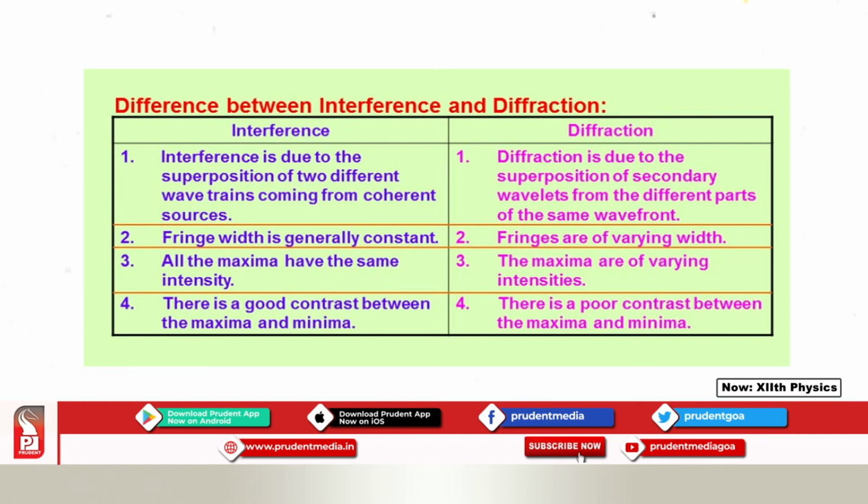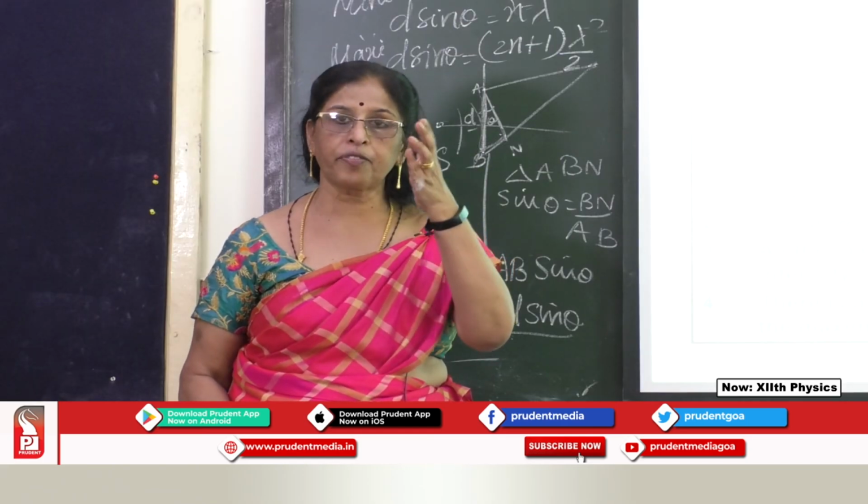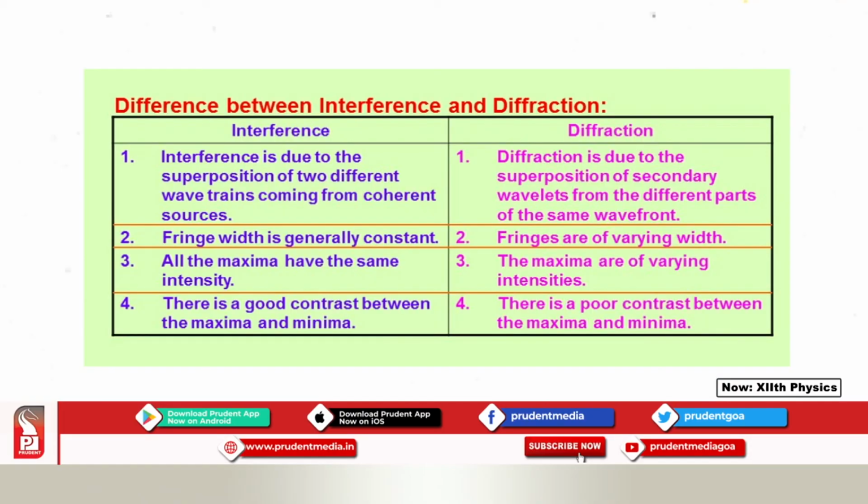Now this is the difference between them. Interference is due to the superposition of two waves traveling in the medium, whereas diffraction is due to the superposition of secondary wavelets from different parts of the same wavefront. One wavefront, different parts, they meet. In interference the fringe width is constant, whereas in diffraction the fringe widths are varying.